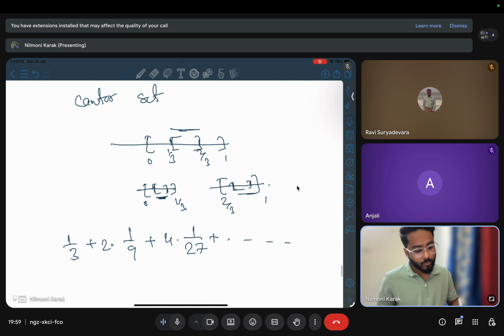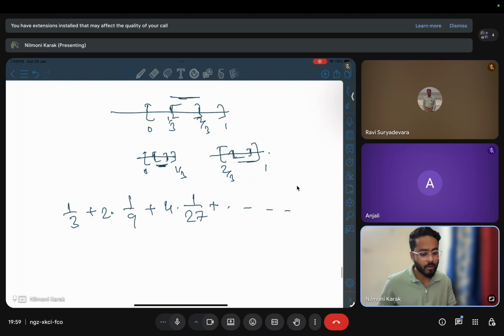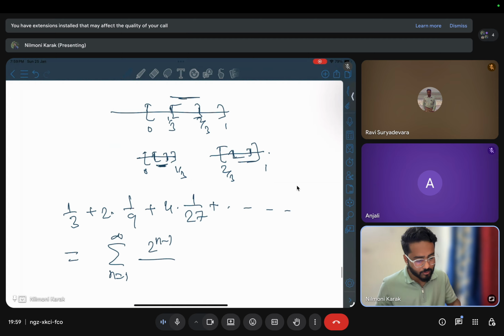I am counting whatever length I am removing, and this is the sum from n equals 1 to infinity of 2 to the power n minus 1 over 3 to the power n. With the help of the geometric series, you will get 1.